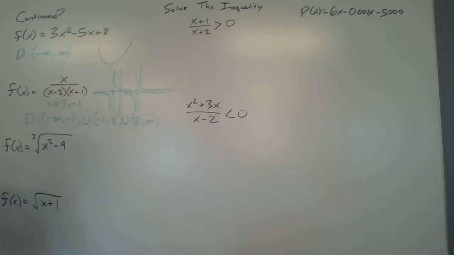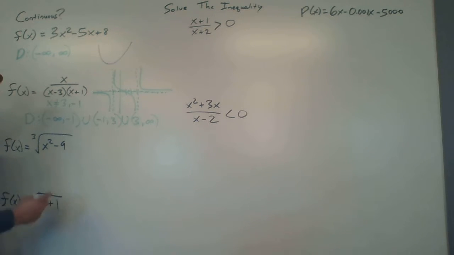verifying this domain. Now for the square root of x plus 1. On fractional functions you look to see what makes the denominator 0. On square root functions, you cannot take the square root of a negative number. Those would be imaginary numbers.